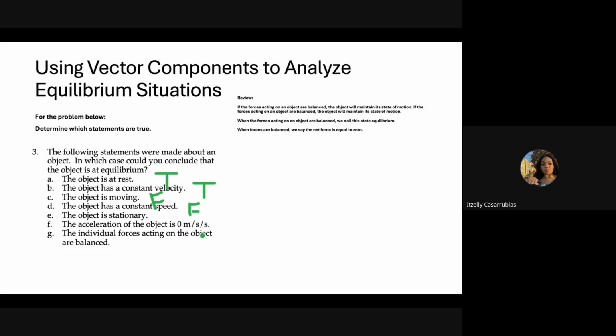Or am I switching them? What's the difference between speed and velocity? Maybe that'll help y'all out. Speed is a scalar, and velocity is a vector, right? So wouldn't technically the constant velocity be false and then constant speed be true?